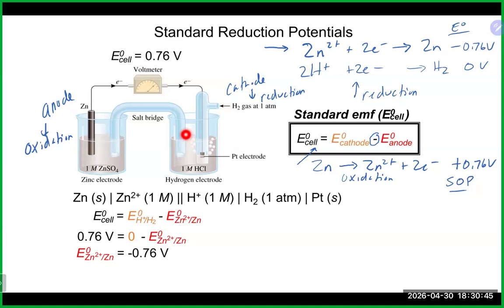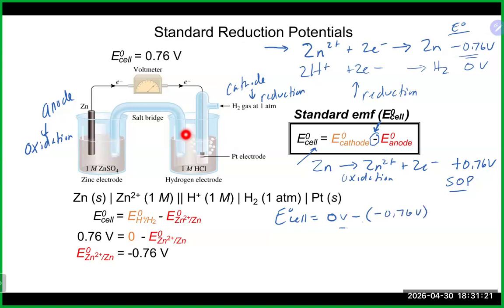Now, the reason we do not change, for example, the sign is this equation with the minus will change the sign for you. So if I wanted to calculate E of this cell, I would go E of the cell is my cathode, which is hydrogen, which is 0, minus my zinc, which is my anode, and that's going to be minus 0.76 volts.